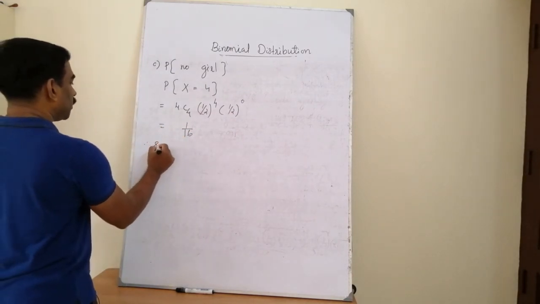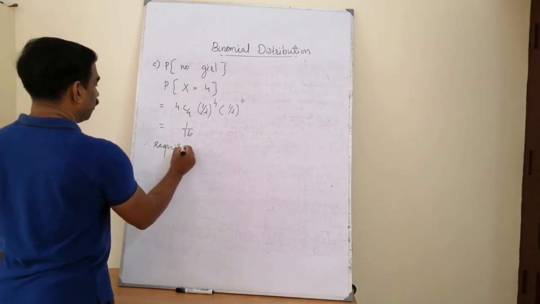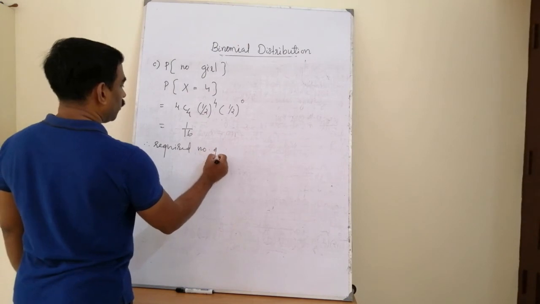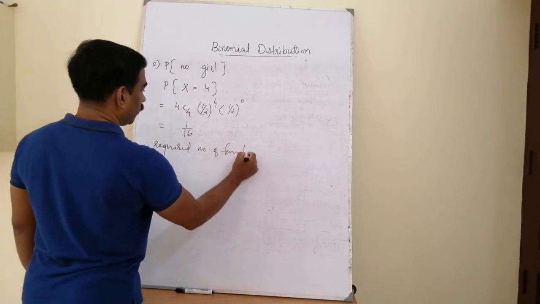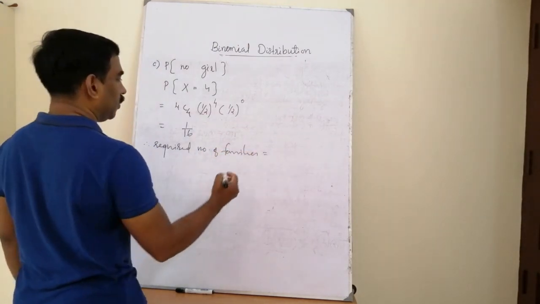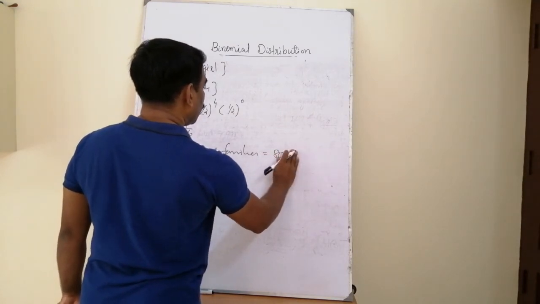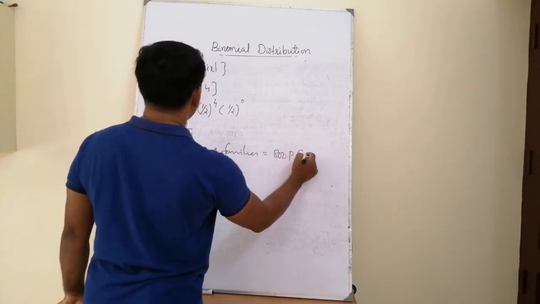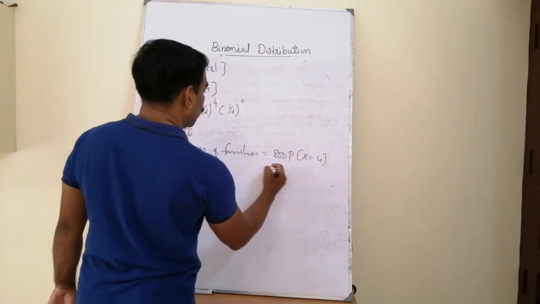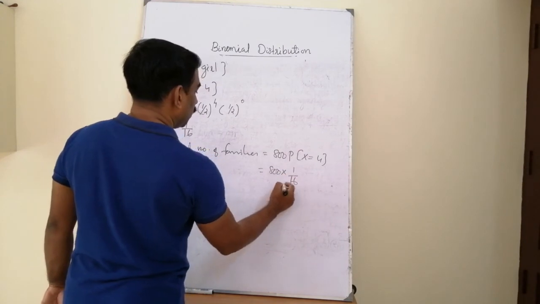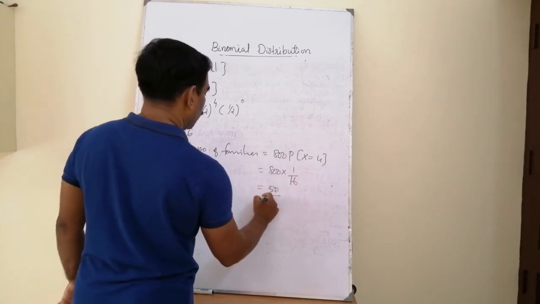And the required number of families out of 800 is 800 into the probability of X equal to 4, that is 800 into 1 by 16, so that is 50.